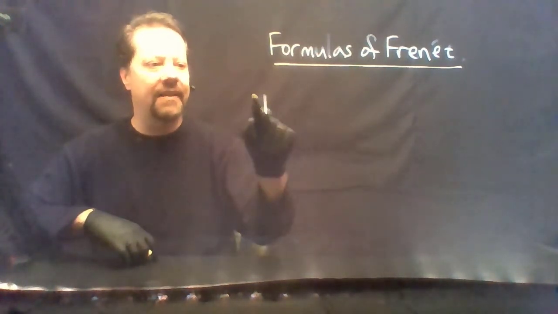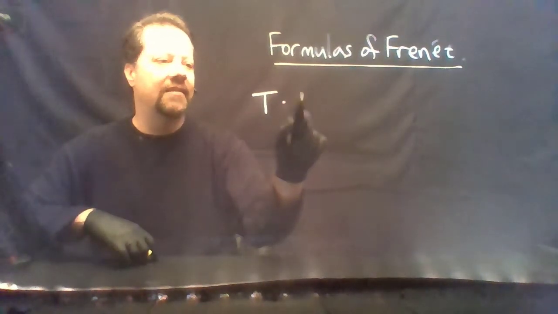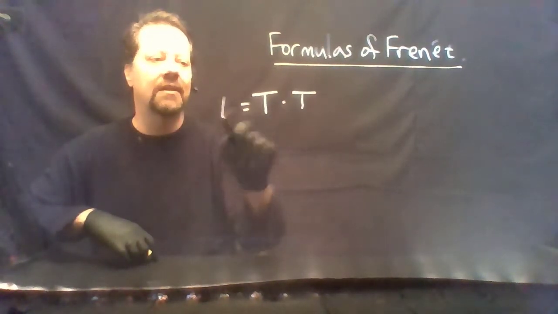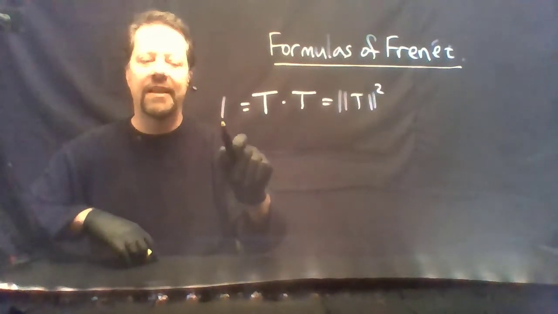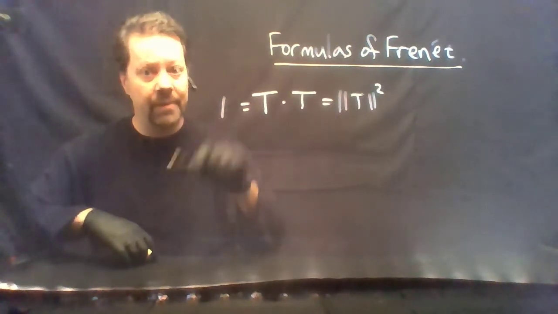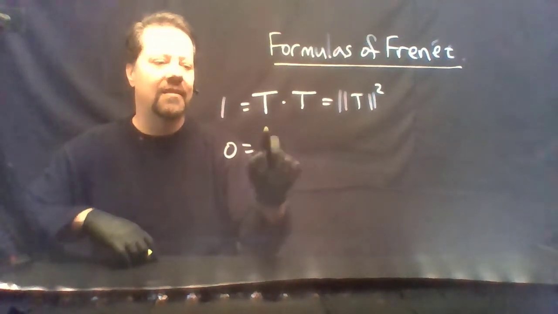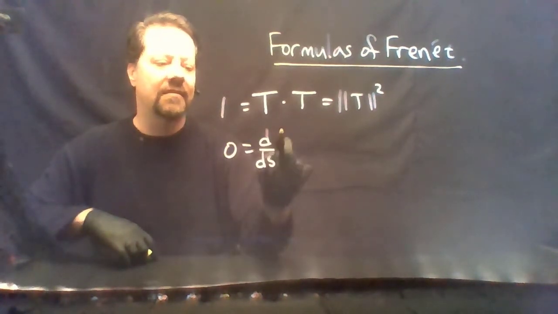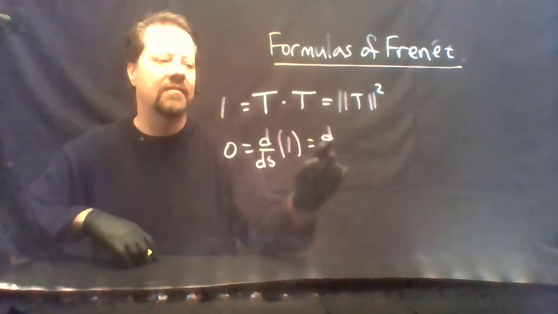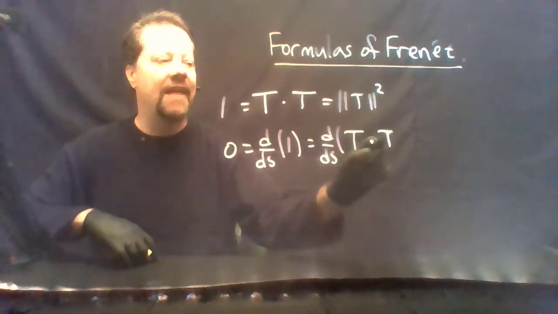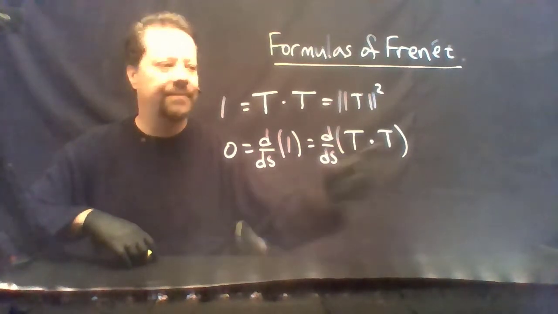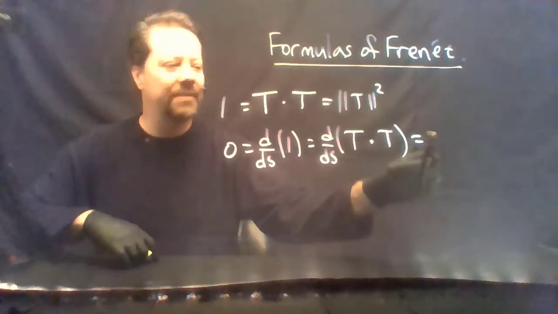First of all, note that T dot T is 1, because that's the norm of T squared. If we take the derivative with respect to arc length on both sides, on the right-hand side, we have to use a Leibniz rule, a product rule.